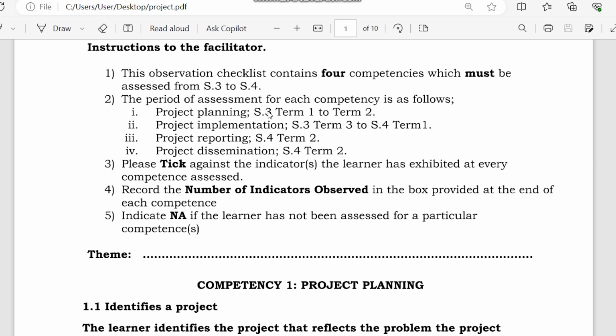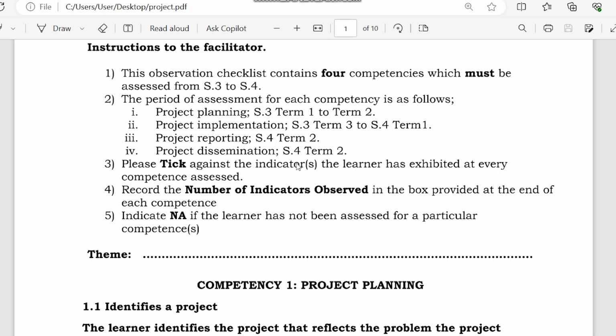Project planning is for Senior 3 Term 1 to Term 2, then implementation is from Senior 3 Term 3 to Senior 4 Term 1, then report is Senior 4 Term 2, and then dissemination is Senior 4 Term 2.